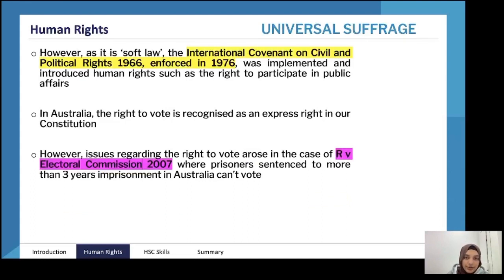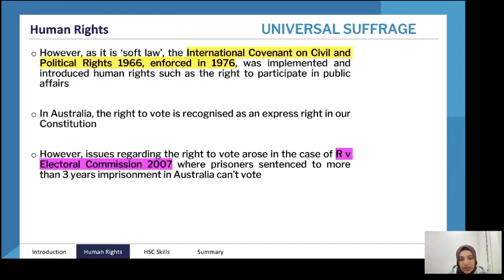However, as it is a soft law, the ICCPR was implemented and introduced human rights, such as the right to participate in public affairs as well. So in Australia, the right to vote is recognised as an express right in the Constitution, so it is within our Constitution, which cannot be changed unless there is a referendum.